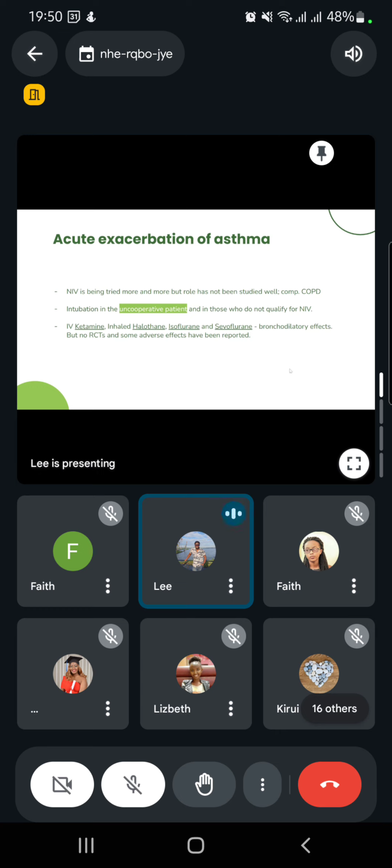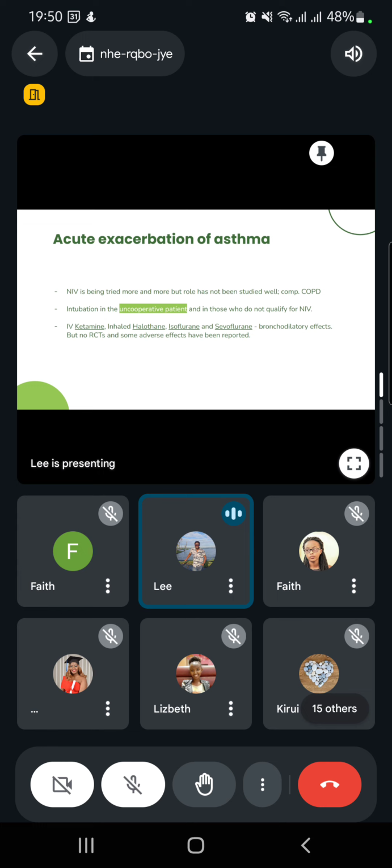Now, from what studies say, NIV is being tried more and more, but its role has not been studied very well. Yeah, in comparison to COPD, where you have your NIV having more beneficial effects.